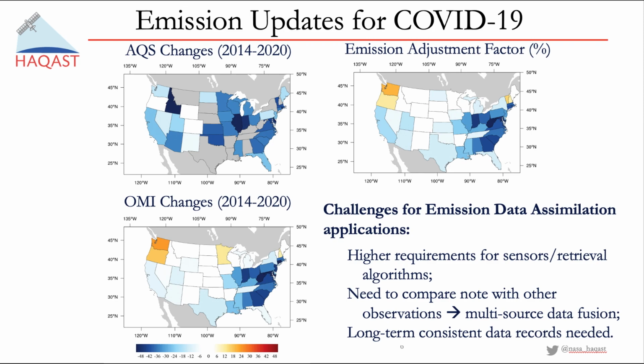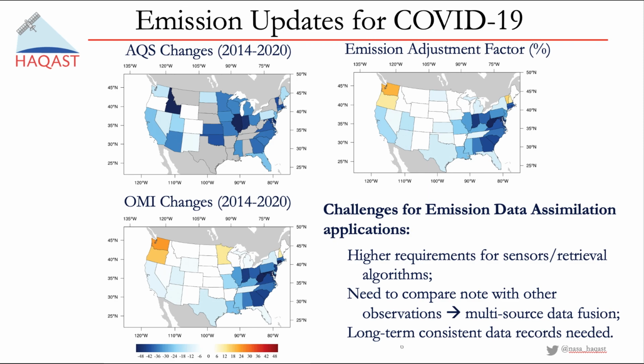This new study is challenging for several reasons. First, the air quality in the United States has improved significantly in the past decade. It imposed actually much higher requirement for the sensors and the retrieval algorithms to observe NO2 changes in a cleaner environment. Second, the satellite and the ground monitors are generally in agreement with each other.